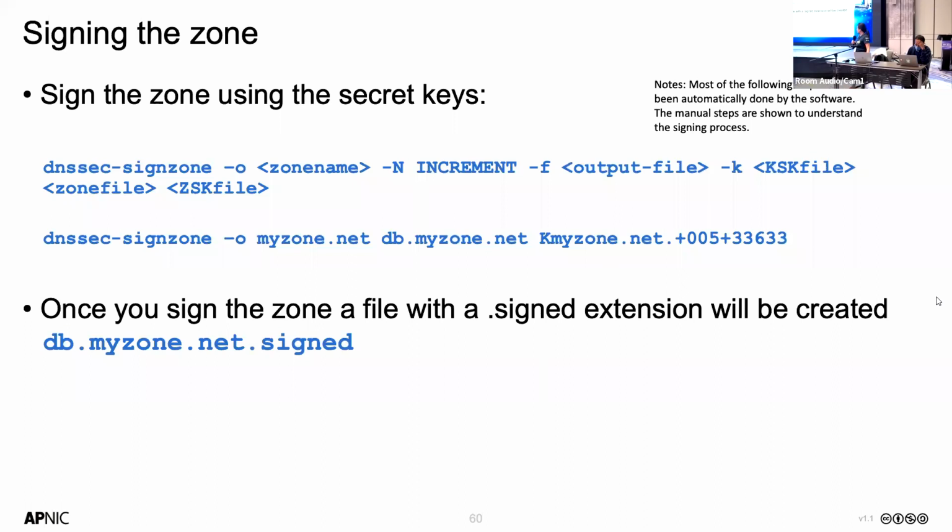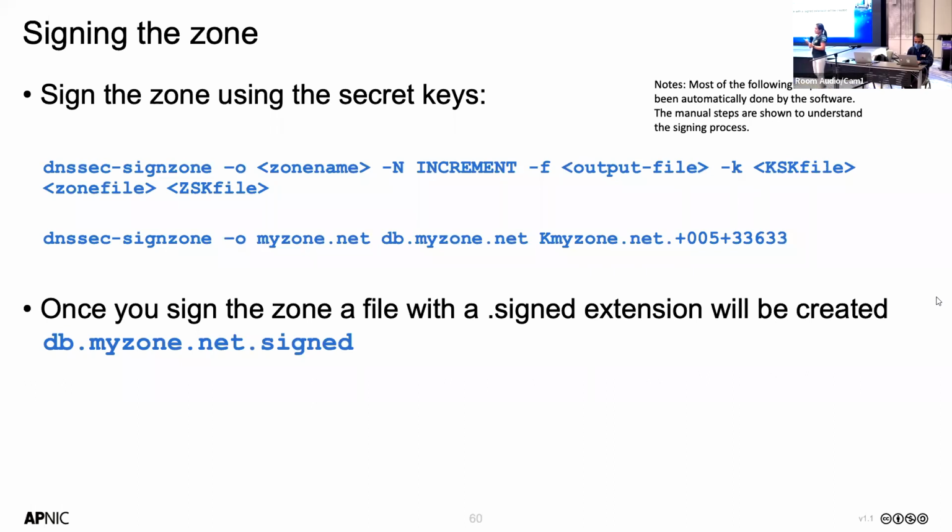So dnssec-signzone will be for signing your zone, and then easily just following that syntax. So -o, provide the zone name, -N, okay, and then increment. Increment is really just so whenever you do the signing, you don't have to manually update the serial. I hope that you know what the serial is for. It signifies that there have been changes to your zone file. And if it is higher than the values in the secondaries, they will pick up the new file.